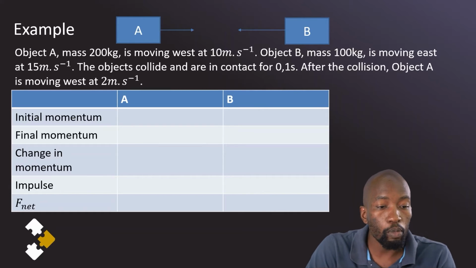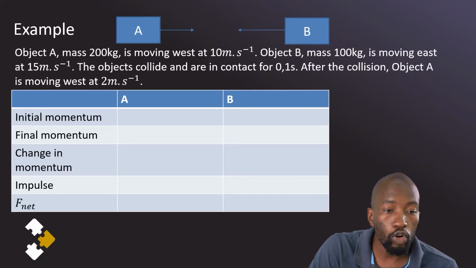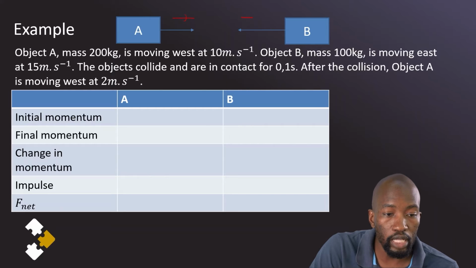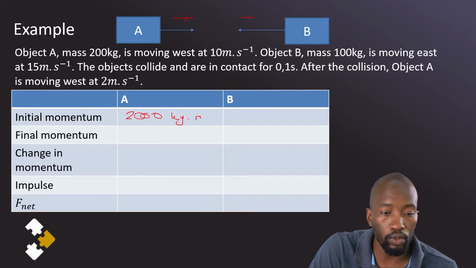What is the initial momentum of A? We know momentum is mass multiplied by velocity. So let's take west as positive, and then we'll take east as negative. The initial momentum of A will be 200 multiplied by 10, and that gives us 2000 kilogram meter per second.